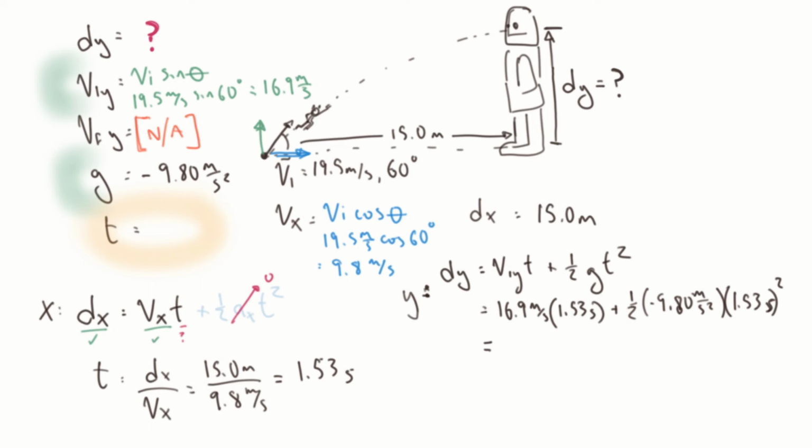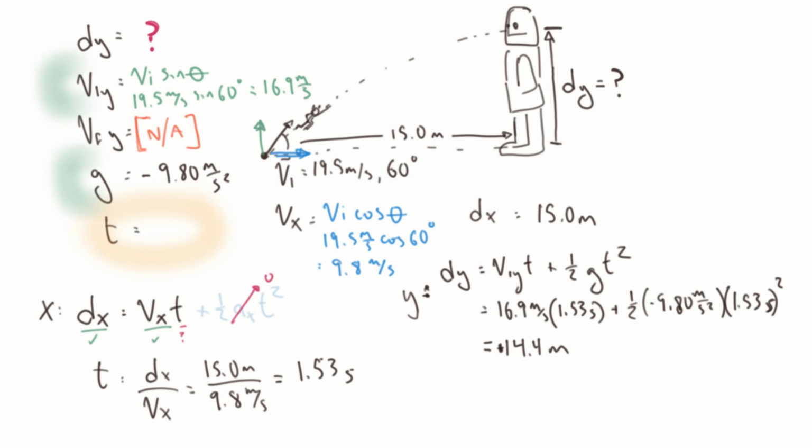You can go through, plug those values in, and you end up with a value of 14.4 meters. And that's positive, which we would expect to see because he's going up in the air. So in the duration of flying across to the Sentinel, Wolverine is 14.4 meters above the ground when he impacts the Sentinel after traveling a horizontal distance of 15 meters.